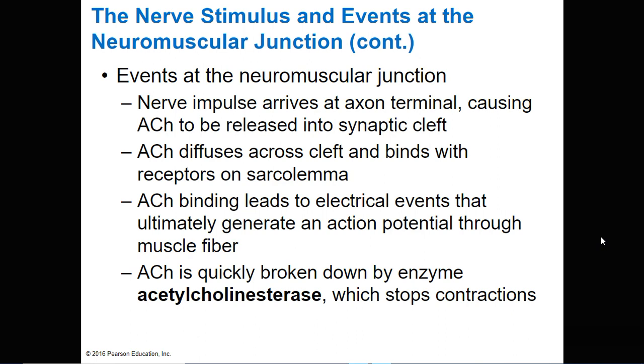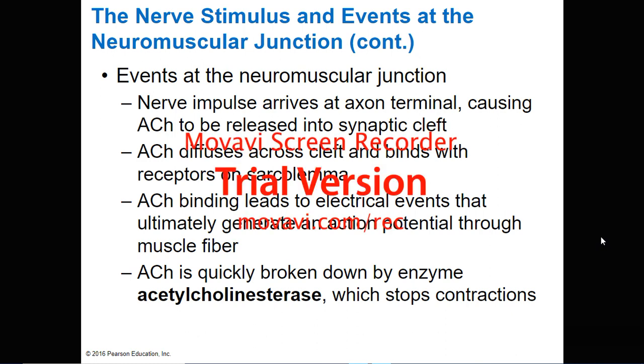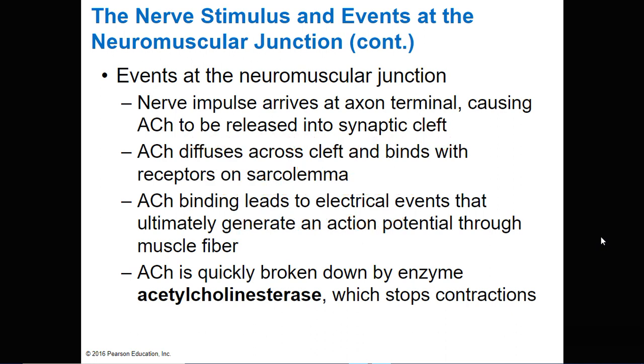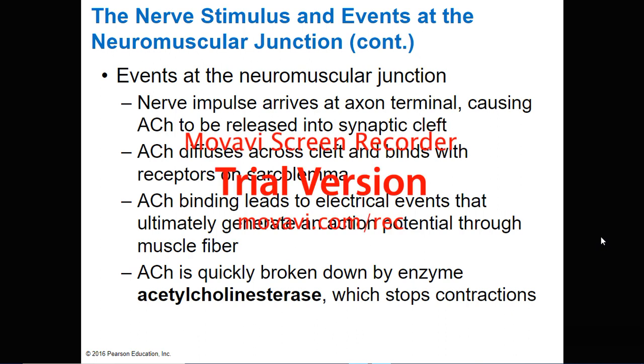It's going to diffuse across the synaptic cleft and bind to receptors on the sarcolemma, which is going to open ion channels, which allows sodium to come in and potassium to go out. And essentially, that's going to cause depolarization of the membrane, which is going to cause an action potential to be generated at that location.